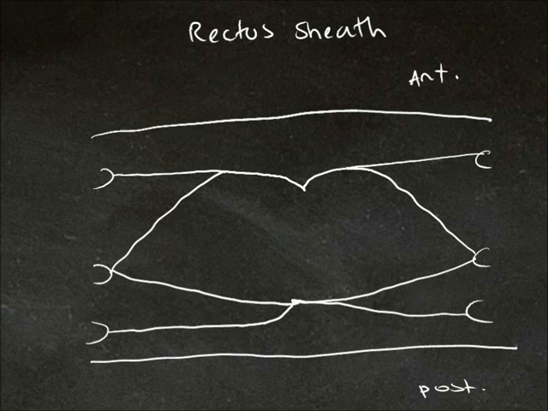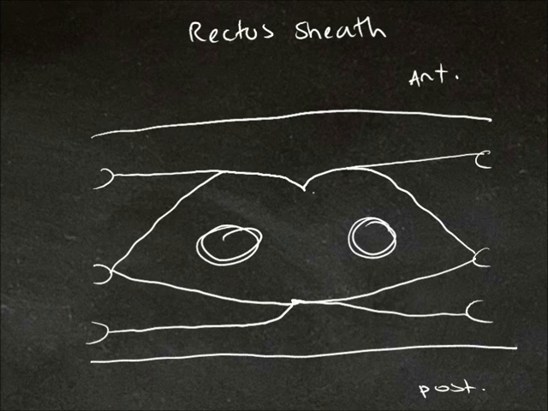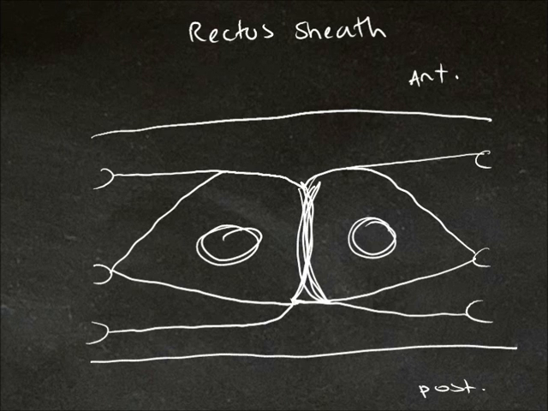These coalesce in the center, fuse in the midline between the two rectus muscles, to form the linea alba.